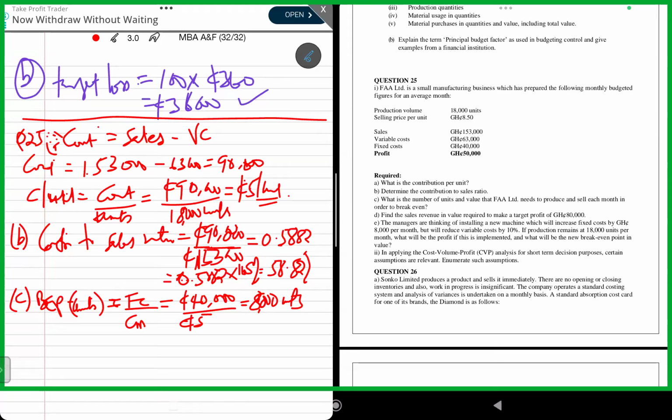Then it says we should find it in units and in value. So the break-even point in value equals fixed cost over the CS ratio. So 40,000 divided by the CS ratio of 0.5882.